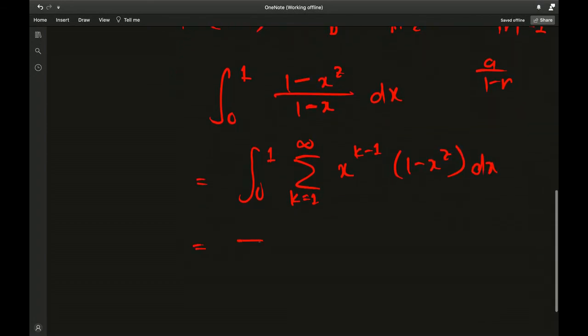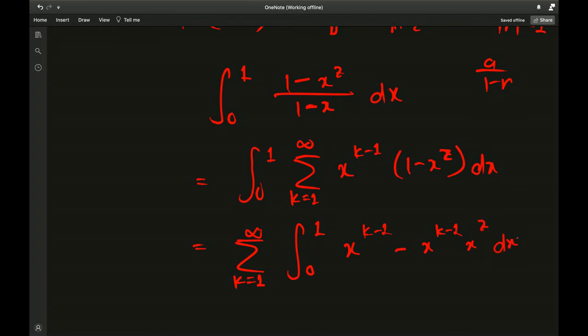Interchange the sum and integral assuming uniform and absolute convergence, because we can assume z is finite, otherwise it will just diverge. Over here we have x to the k minus 1 minus x to the k minus 1 times x to the z dx.